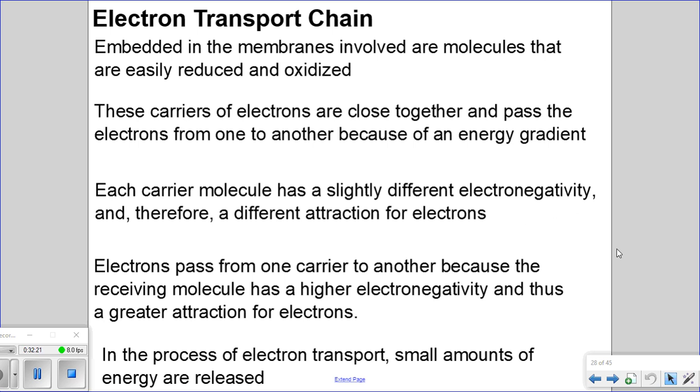So electronegativity refers to the ability to attract electrons, and because each molecule has a slightly different electronegativity, each molecule therefore has a different attraction for electrons. Electrons pass from one carrier to another because the receiving molecule has a higher electronegativity and thus a greater attraction for electrons. In the process of electron transport, small amounts of energy are released.